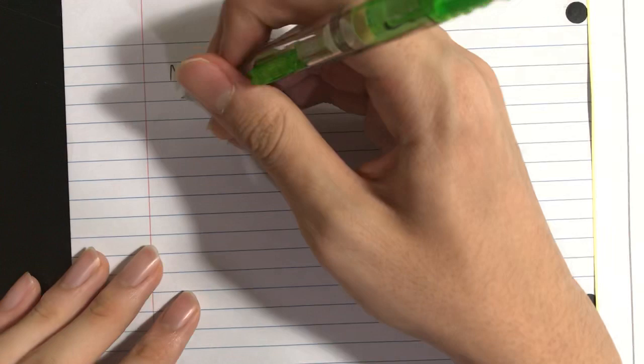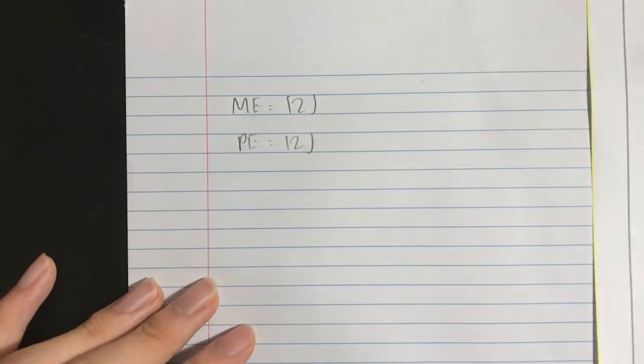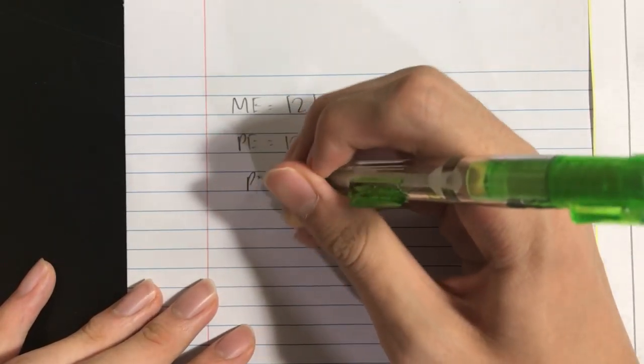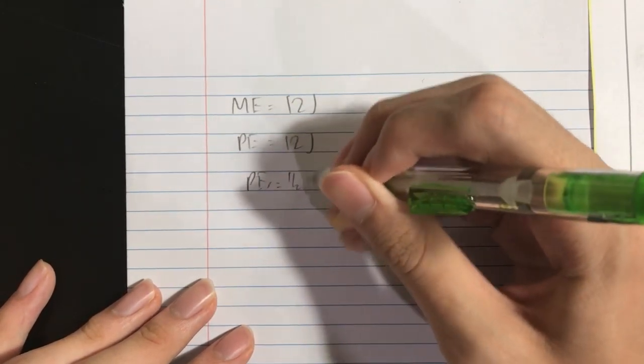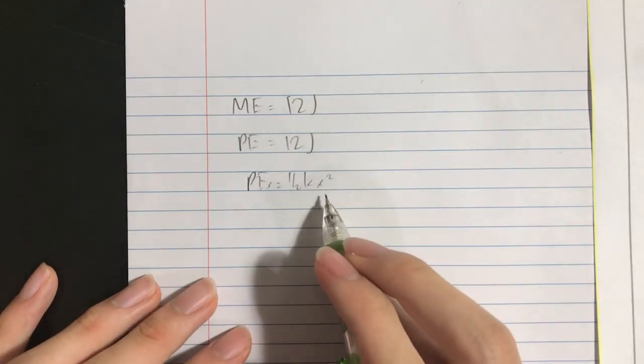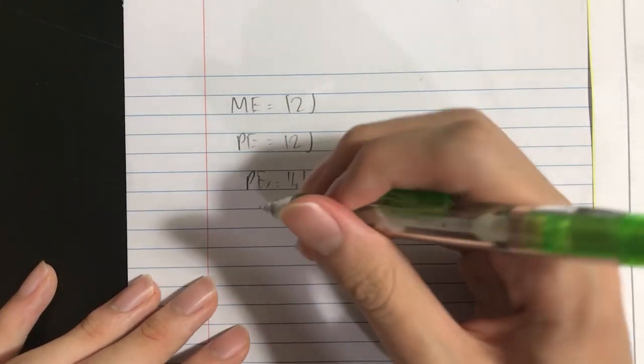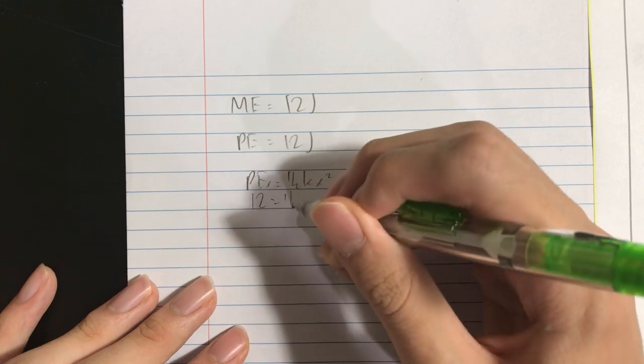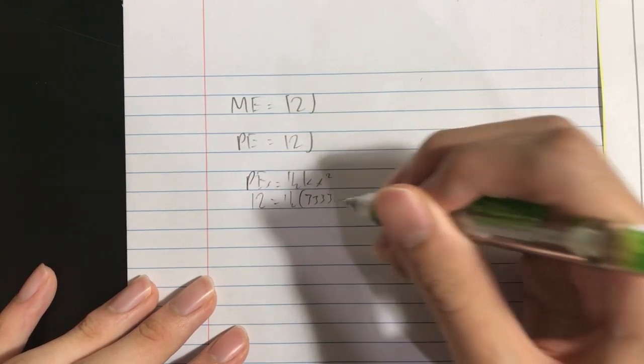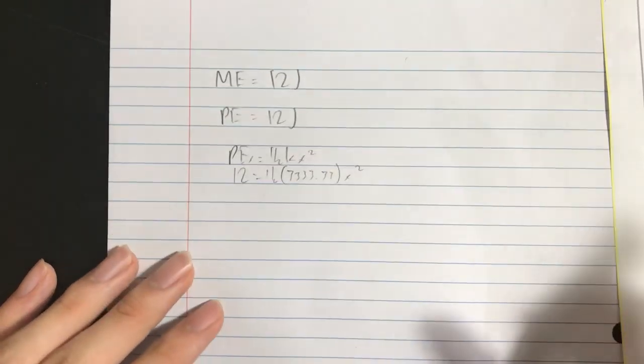At the turning point, there is no KE and just PE, which means PE will also be 12 joules at the turning points. But we have to find where that is. PE spring equals 1/2 kx squared. We have to find x. So 12 equals 1/2 times 3,333.33 times x squared.